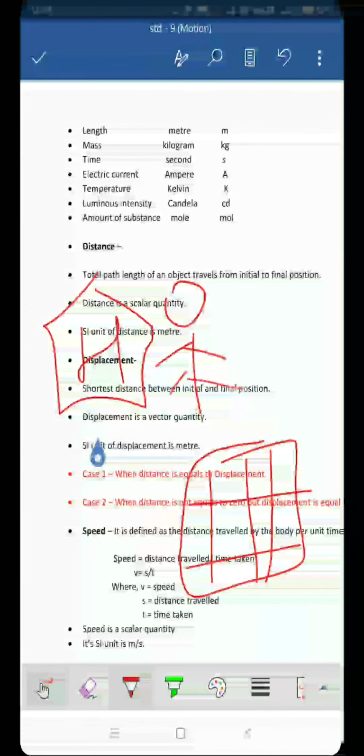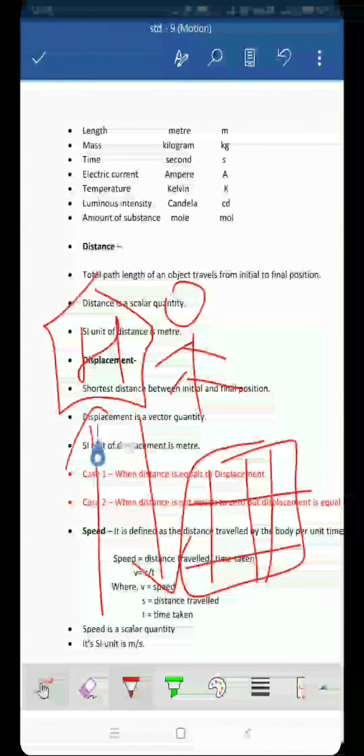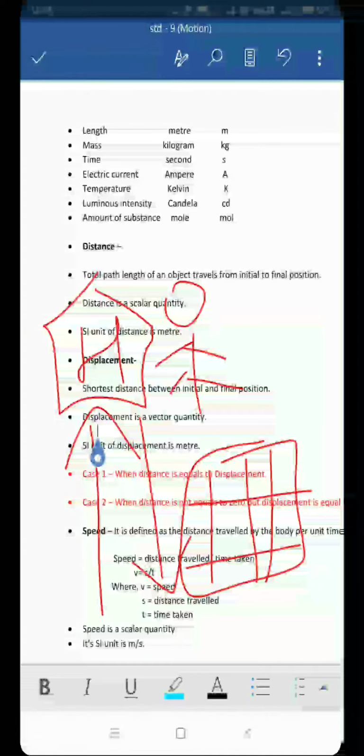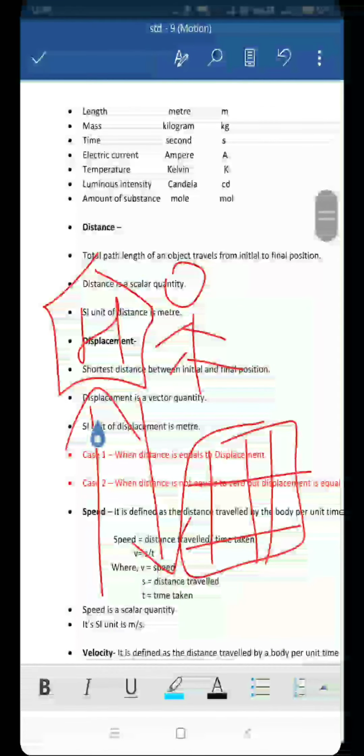He starts moving from his home, he goes to school, and suddenly he remembers he forgot something important and he goes back to his home. So in this case, what is the distance and displacement? Say home is point A and school is point B.